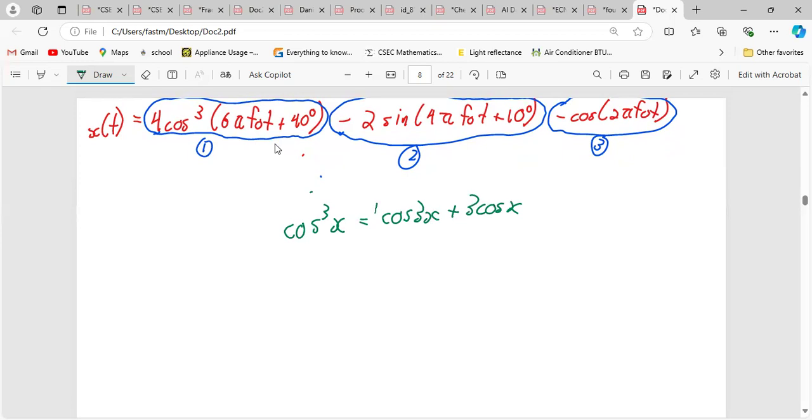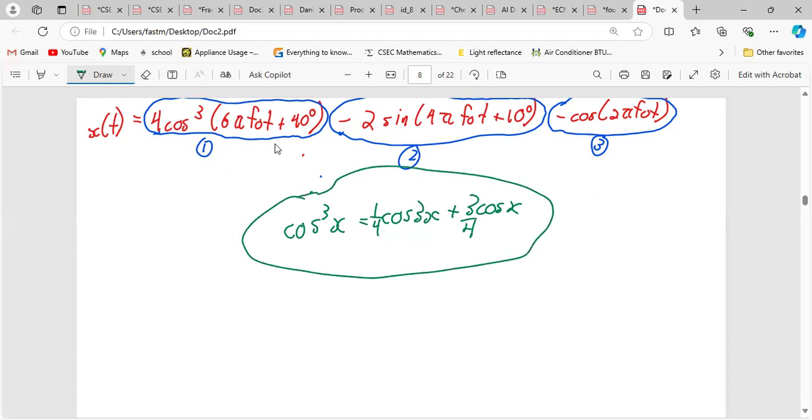Obviously, I don't like to put it all over 4, so it'll be a quarter there, and this will just be over 4. I try to like this. Everything over 4, but when you're doing the actual question, having everything over 4 just complicates it as you go on with the proof. So this is it.